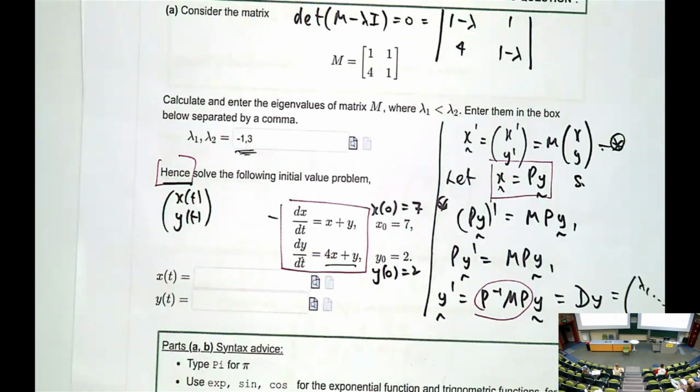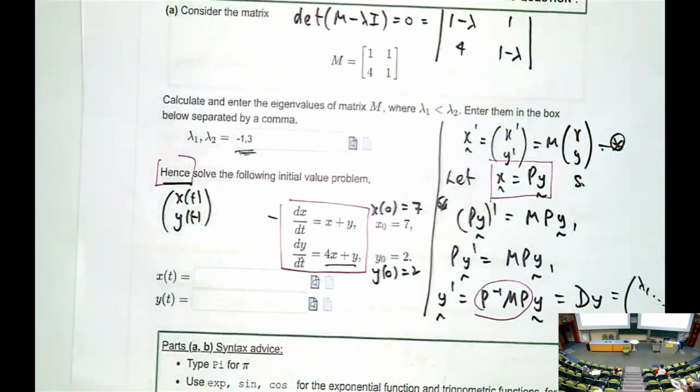Like I said earlier, a lot of these problems can be solved by first year techniques. A lot. So the line x vector equals P y, can I see it as a linear transformation? Yeah, so we're transforming something into a problem that we can solve.